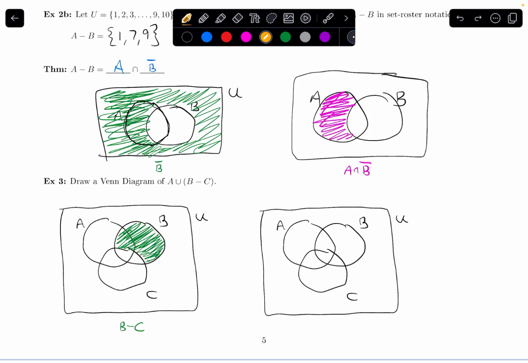So let's shade in everything in the difference of B and C. And we also shade in everything that's in the circle A. Shading in everything in the circle A gives me all of that. And that is A union B minus C.